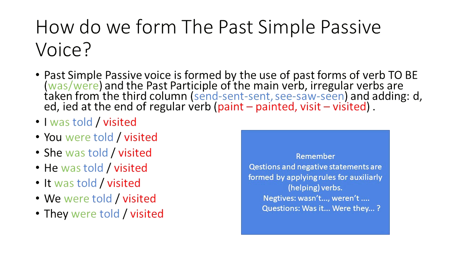Don't forget that we form questions and negative sentences applying the rules for the helping verbs. So the question would be, were you told anything yesterday? Were you visited yesterday? And the negative would be, you were not told anything yesterday. You were not visited yesterday.